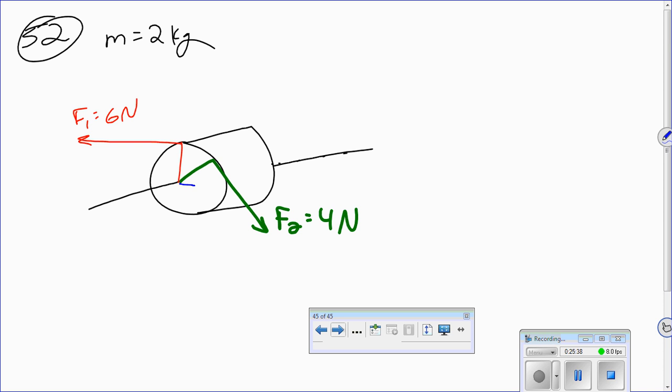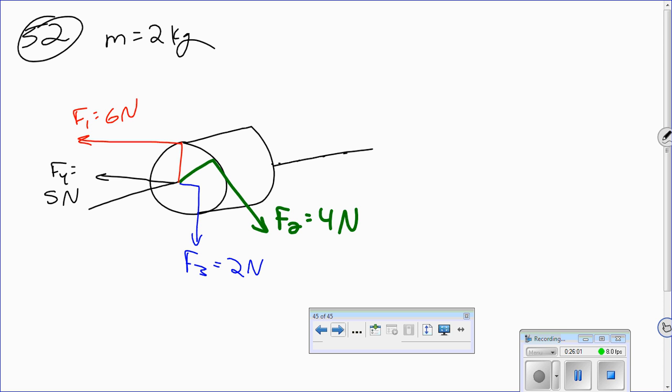F3 is, where is it, 2 newtons. And F4 is some number that's going to end up not mattering, but I'll write it out anyway, 5 newtons.